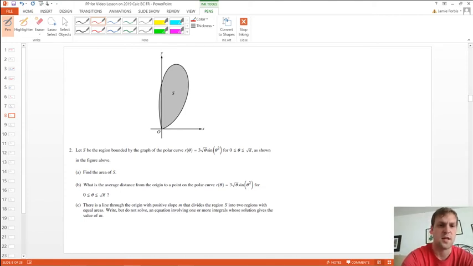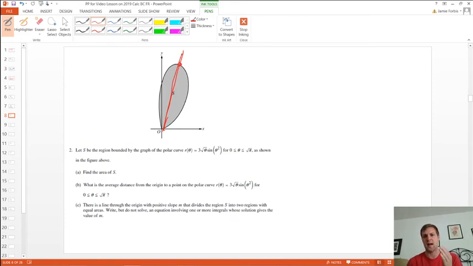So basically what that's saying is we have this line that intersects right here. We have this line right here that cuts it into two equal areas. And that line, it doesn't tell me the theta value. It doesn't tell me what this angle measurement is. It just tells me that the slope of it is m.